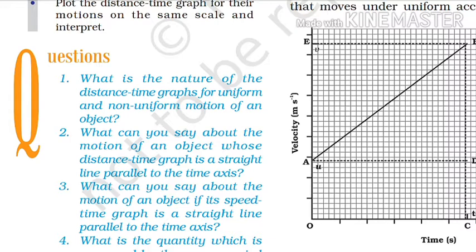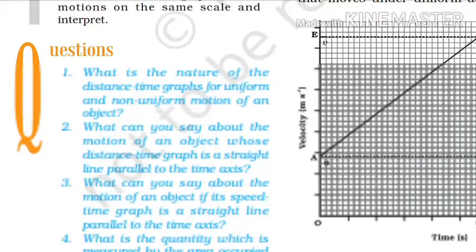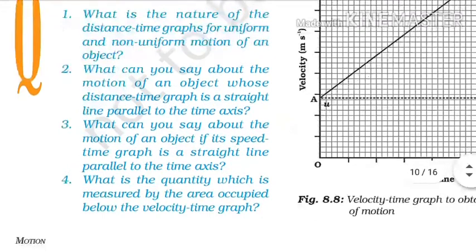It means that during that time the object does not travel any distance, so the distance-time graph plotted for that motion will be a straight line parallel to the time axis. Okay, now come to the third question.